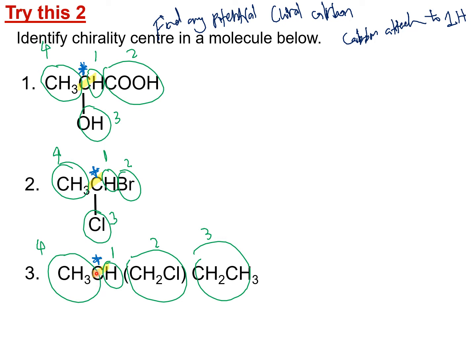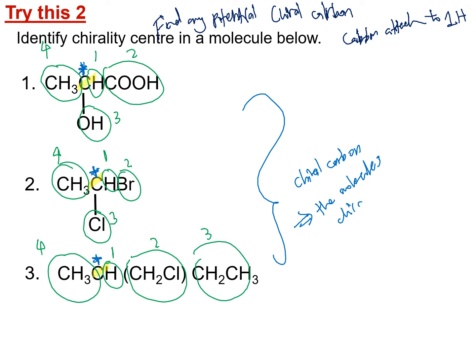So this molecule pun dia ada chiral center. Okay, so that means ketiga-tiga molekul ni, since dia ada chiral carbon, so dia akan menyebabkan all of the molecules ada chiral center. Okay, chiral carbon dan chiral center ni sama saja. Okay, lepas tu kalau bila dia ada chiral center, maksudnya yang ni tambahan lah, tambahan info.